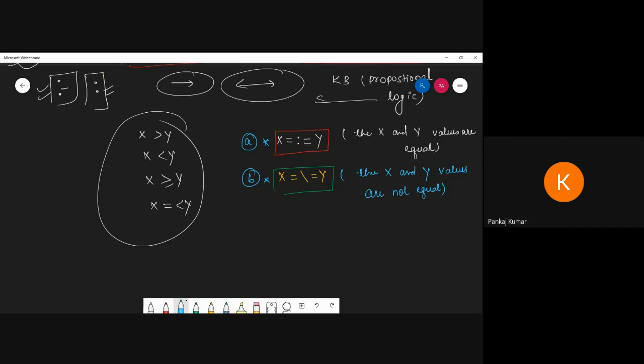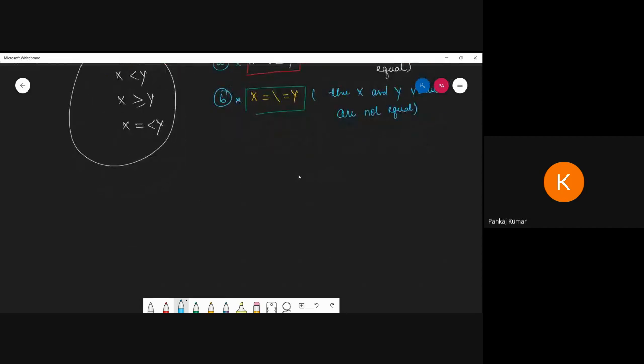So basically, how can you use this in a program? You have to write like this in the console. Suppose I am writing 1 plus 2 =:= 2 plus 1, and we press enter.